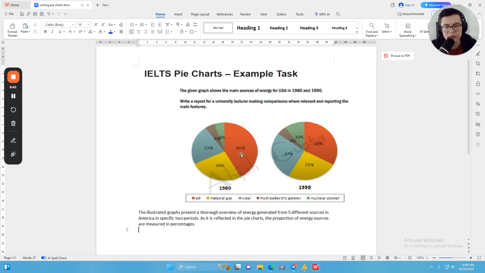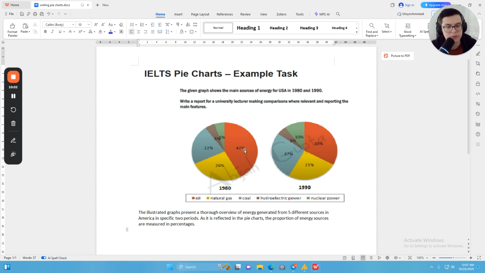So you can basically write about the most significant, the most evident data, whatever is actually visible to the naked eye inside your writing.